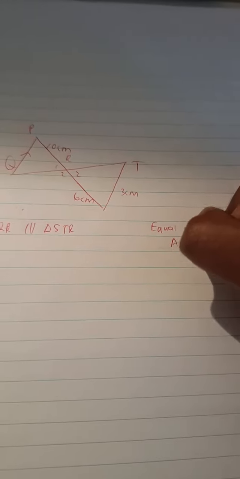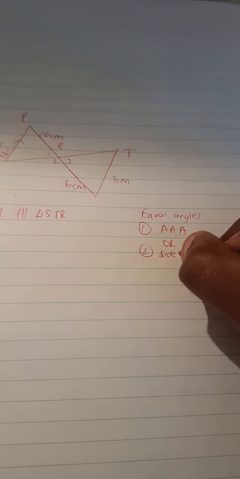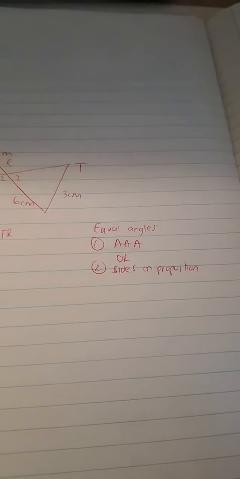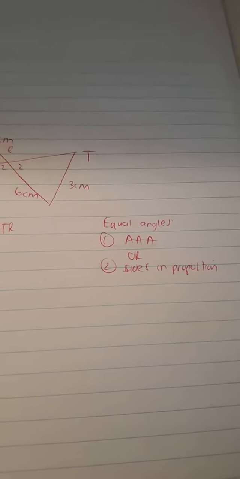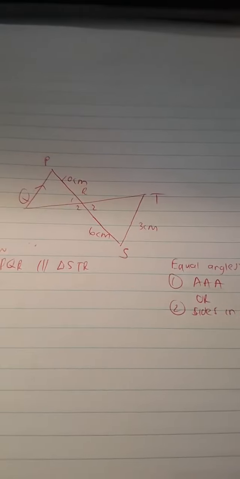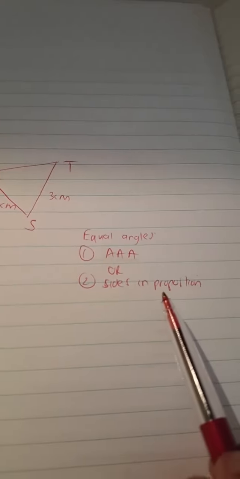You can either prove similarity using equal angles, which is AAA, or you can prove similarity using sides in proportion.